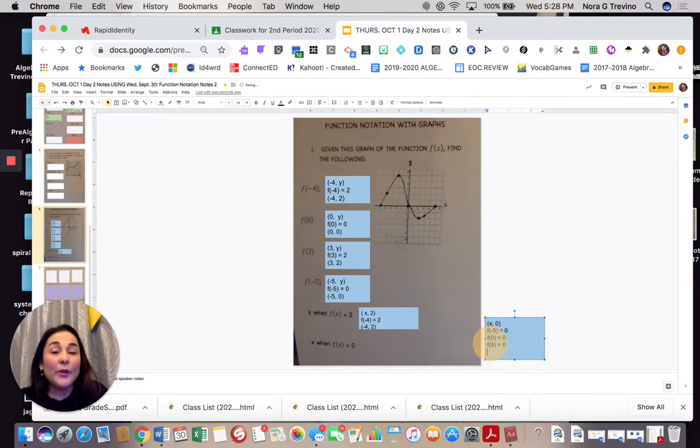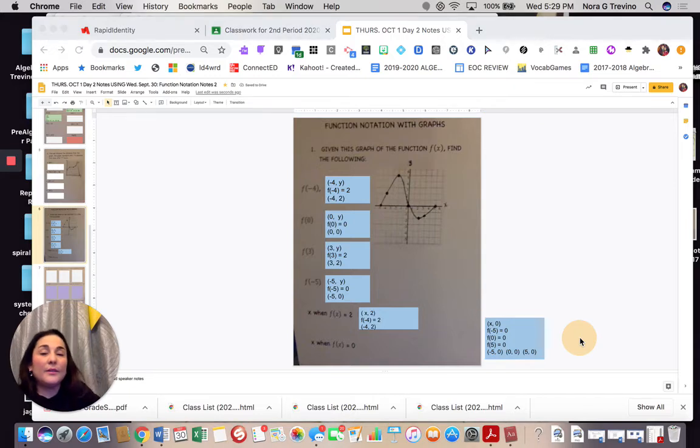So I found 3 ordered pairs. The negative 5, 0, the 0, 0, and the 5, 0. There it is.